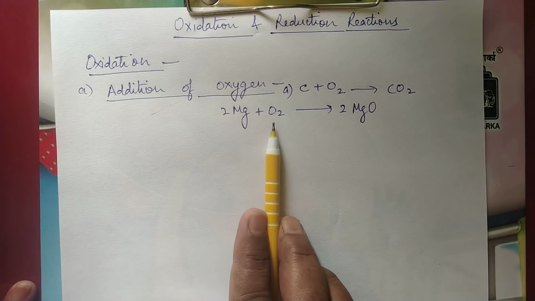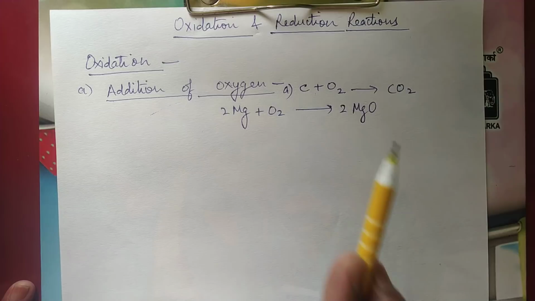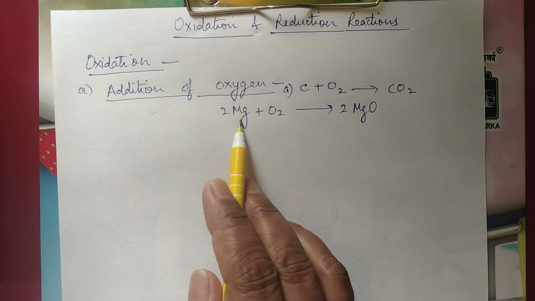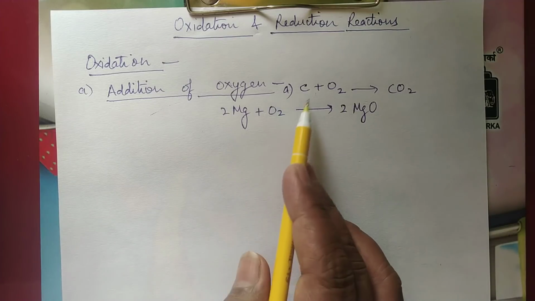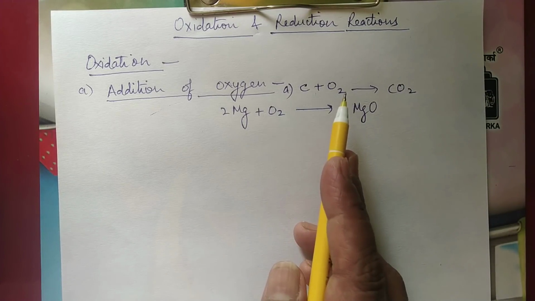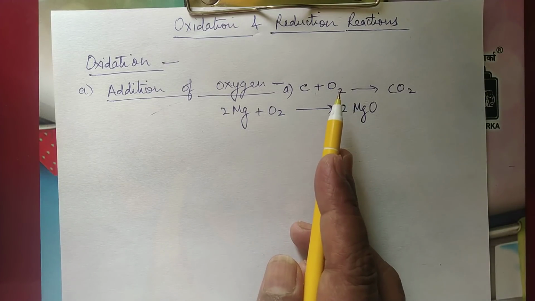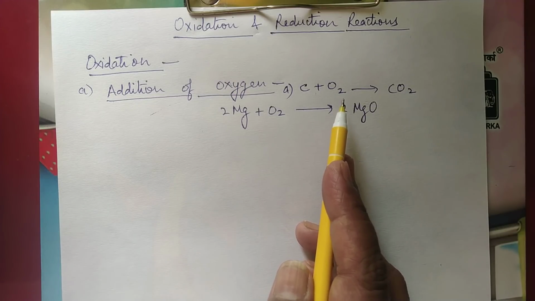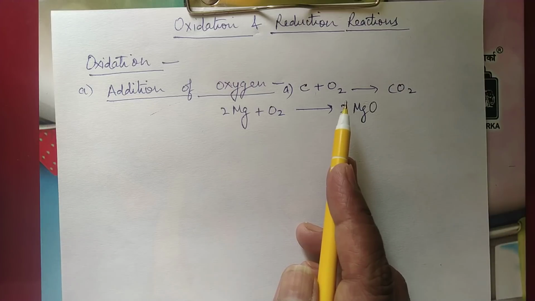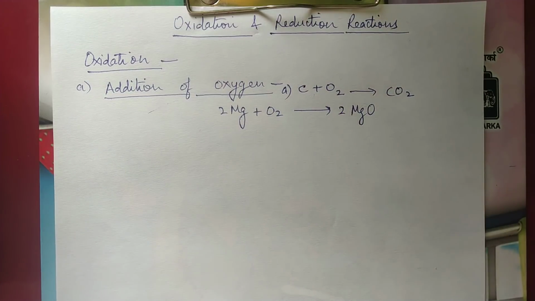If we react it with oxygen, magnesium oxide is formed, and we say that magnesium is getting oxidized to magnesium oxide. These are examples of addition of oxygen, and these are oxidation reactions. But now I am going to discuss some other ways also by which oxidation reactions take place.